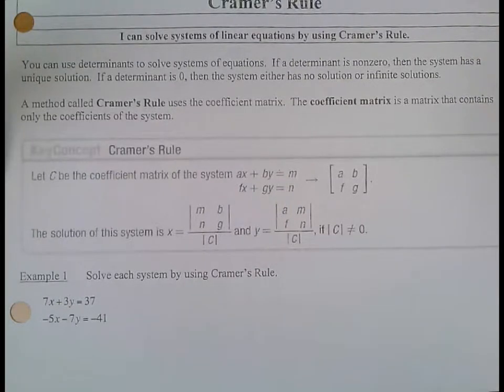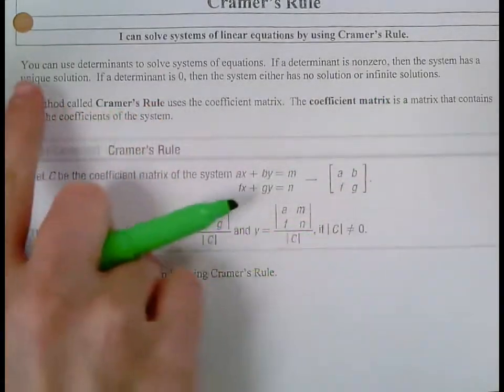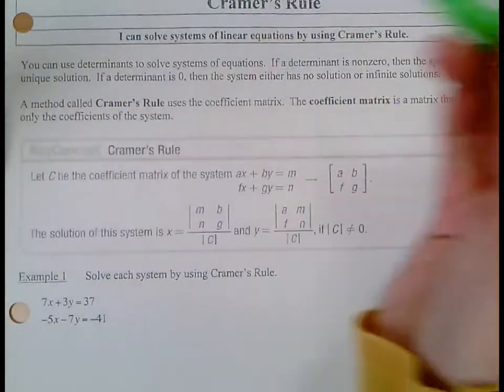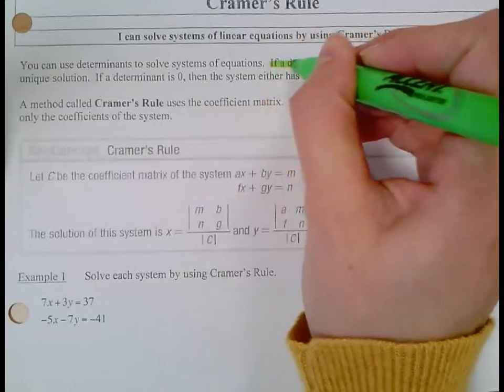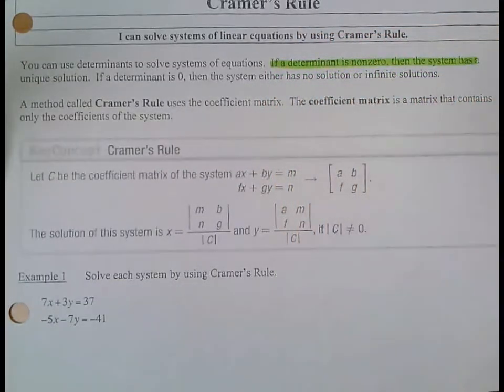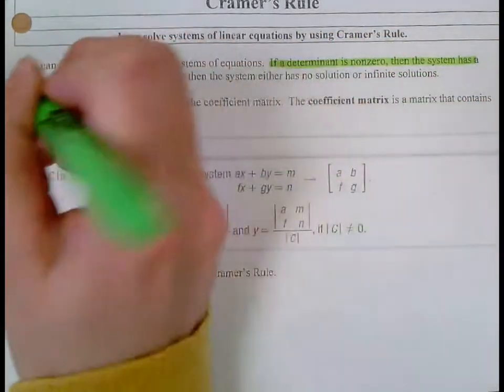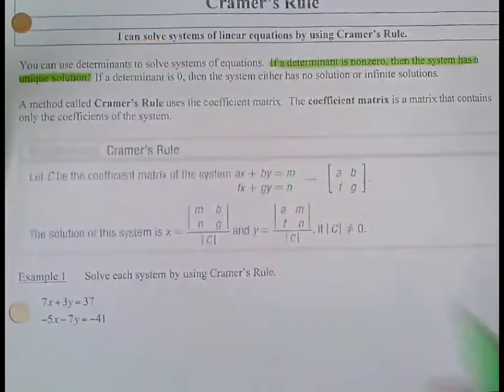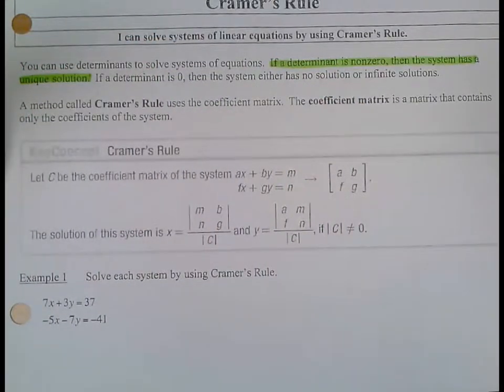One thing I want to point out is, so it says we can use determinants to solve systems, like I just talked about. If a determinant is non-zero, meaning it's not 0, then a system will have a unique solution. So remember, when you solve systems of equations, you're finding the ordered pair where the lines would intersect on a graph. So you're still giving an ordered pair as your answer.